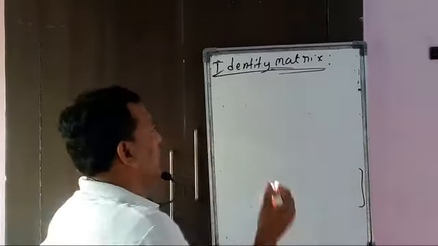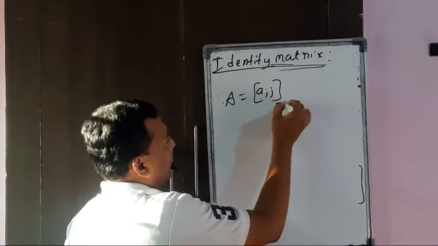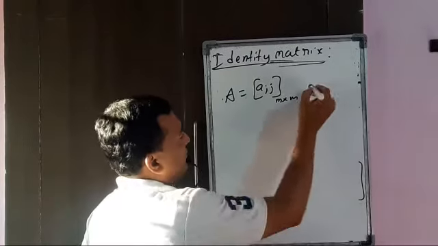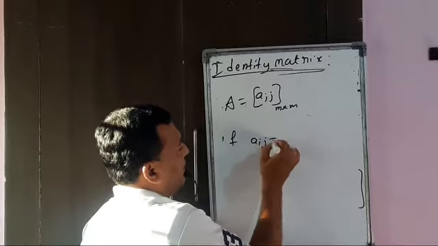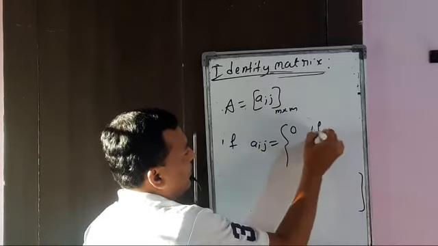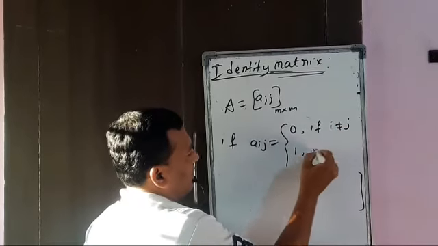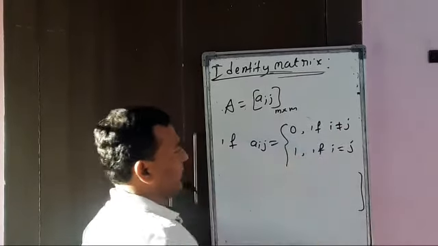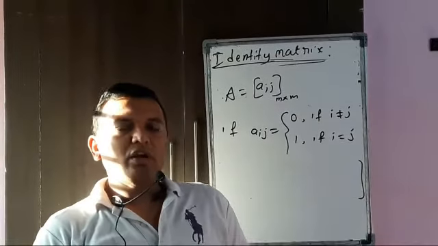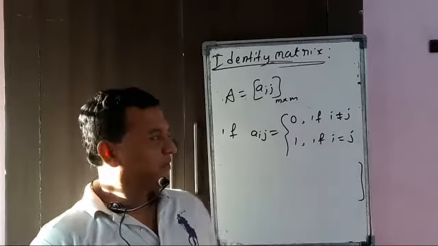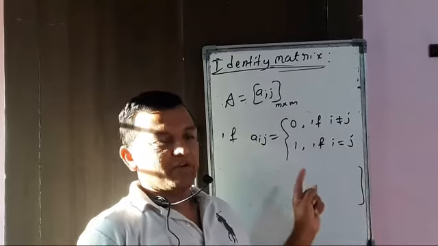That is, a square matrix A equal to [Aij] m cross m is said to be an identity matrix if Aij equal to 0 if i is not equal to j, and 1 if i equal to j. So you can notice here that an identity matrix also will be a scalar matrix, because in this case all diagonal elements will be equal, that will be 1.